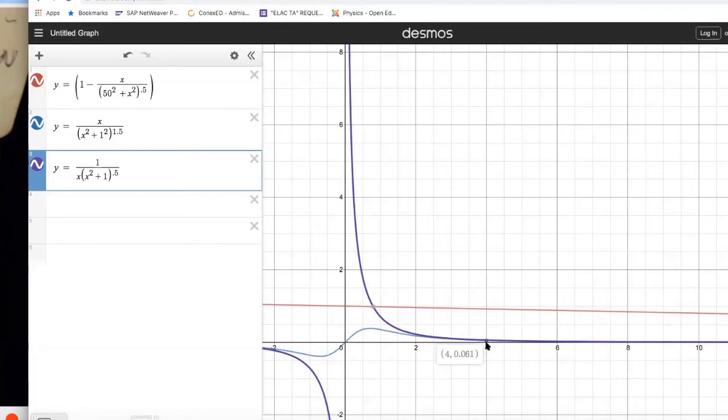You see, but then when you go to large distances, you go to 4, it's 0.06. If I go to 8, it should be 0.015. So is that 1/4? Let's see here. 0.06. What's 1/4 of 0.06? 0.06 divided by 4. 0.015.